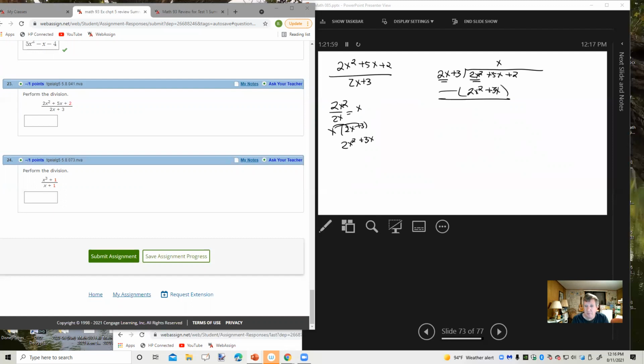Subtract that from what's up above. Change it to addition of the opposite. 2x squared plus negative 2x squared is 0x squared. 5x plus negative 3x is 2x. Bring down the next term. Leading term inside divided by leading term outside gives us plus 1. 1 times 2x plus 3 gives us 2x plus 3. We're going to subtract that quantity from what's up above, change it to addition of the opposite, and we get negative 1.